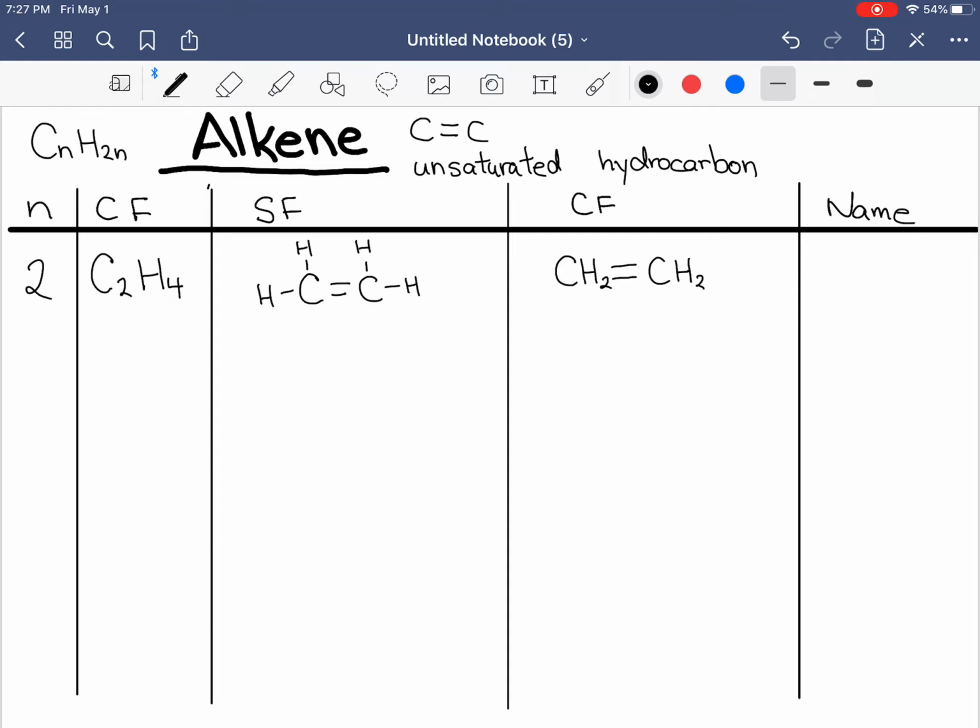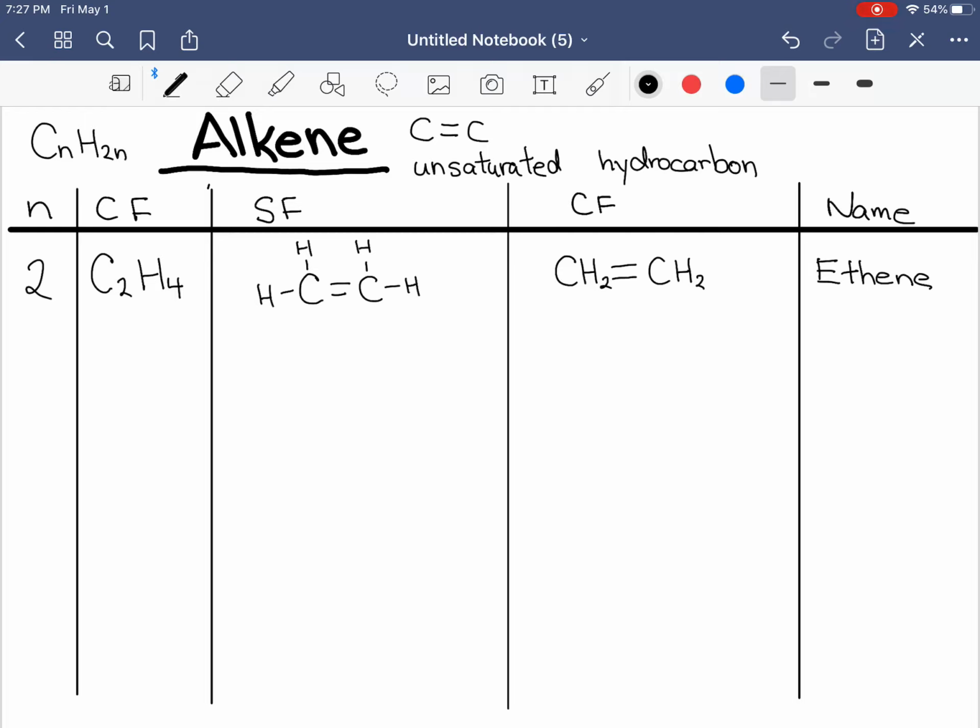Now, name. Hopefully you guys are comfortable with those organic prefixes. Again, the number of carbon is 2, so the prefix is eth. This is an alkene functional group. So I'm pretty sure that the name is called ethene.